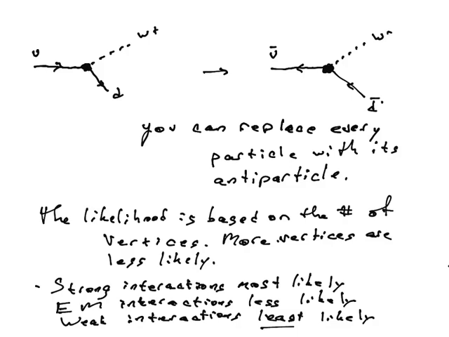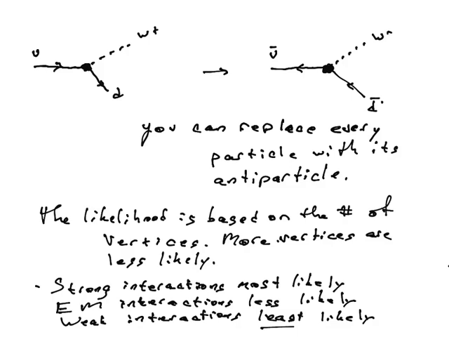What else do we have? You can also take a diagram and for every one of the particles, replace them all with their antiparticles, and it's still a valid diagram, even if you didn't change anything else. So the placement stays the same, it's just you're changing every particle to its antiparticle. The likelihood of an interaction occurring?